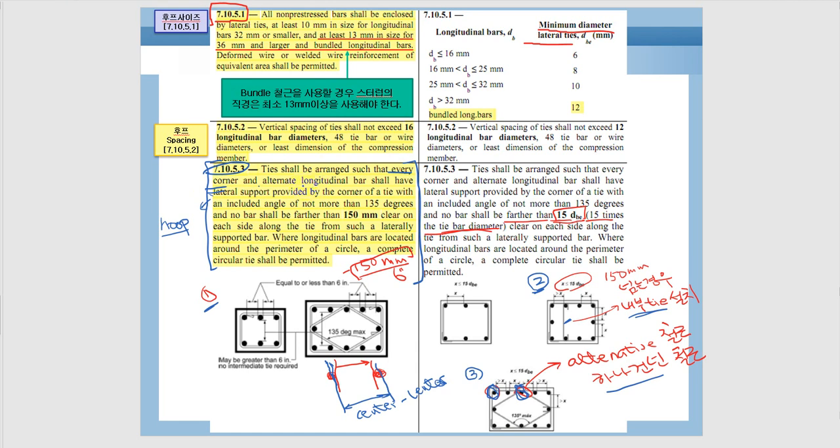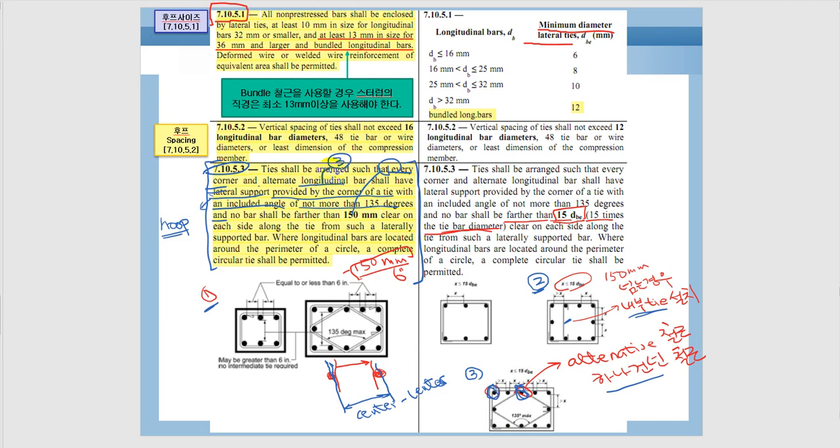Alternate levers, longitudinal lever shall have lateral support, shall have a hoop provided by the corner of a tie with an included angle not more than 135 degrees. This is very important. This is number 3. And these were number 1, if you remember.